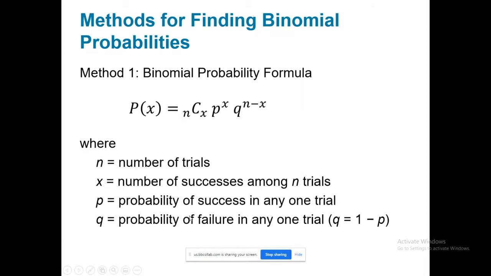Q is the probability of failure. So q is going to equal 1 minus p. So 1 minus 0.3 is 0.7. Okay, so I'm going to go back to the document camera.